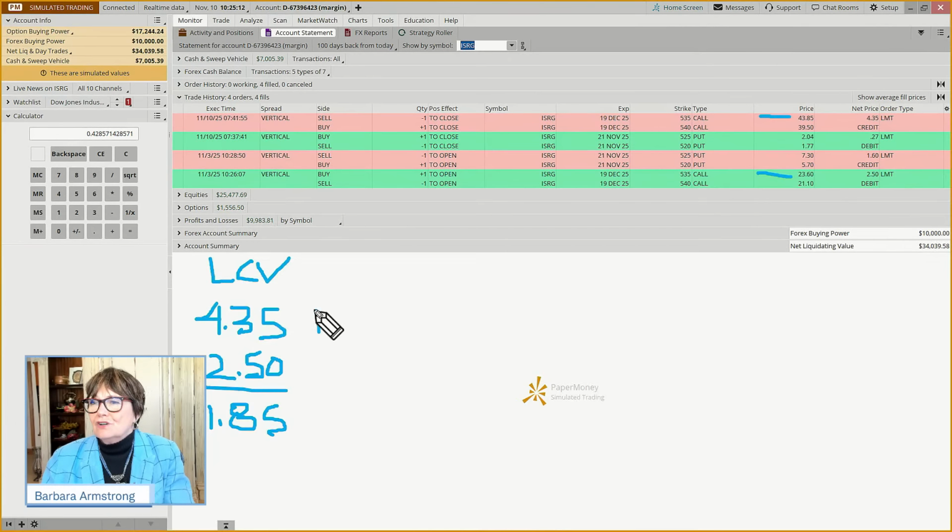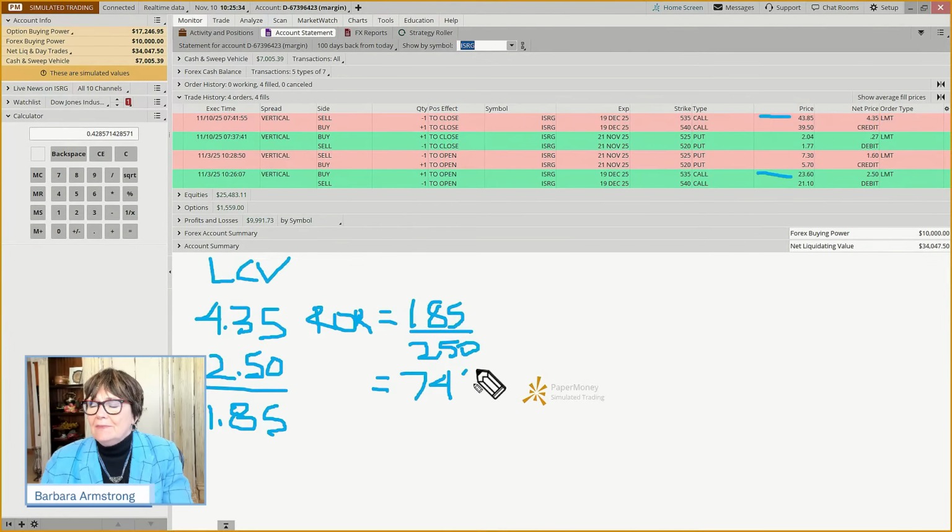For our return on risk, to calculate that, we ask how much could we have lost? 250. So we made 185 and we were risking 250. And so our return on risk on that was 74%. Now that is higher than we're usually aiming for.